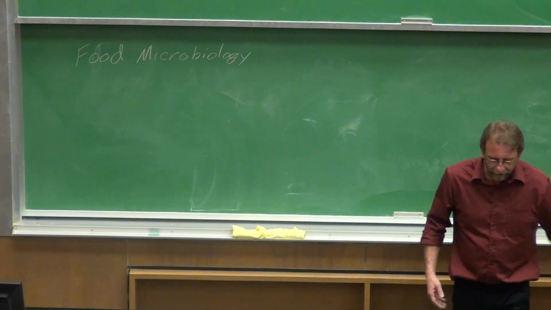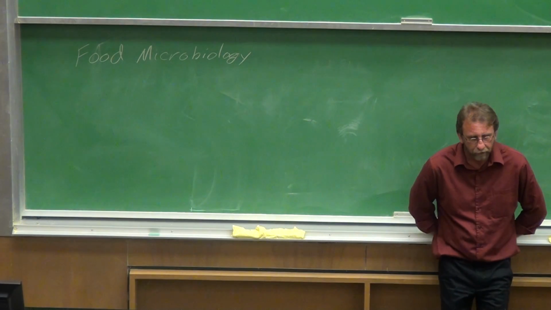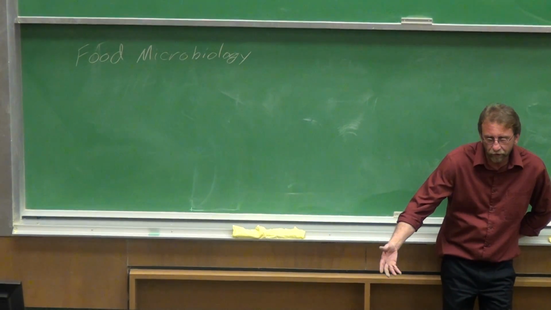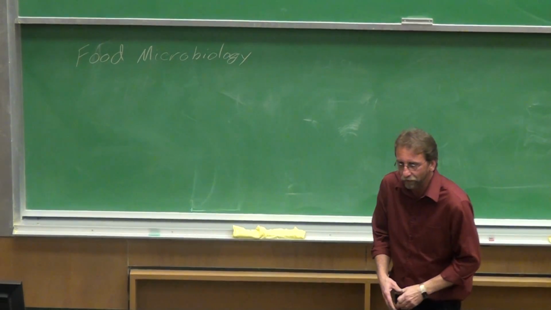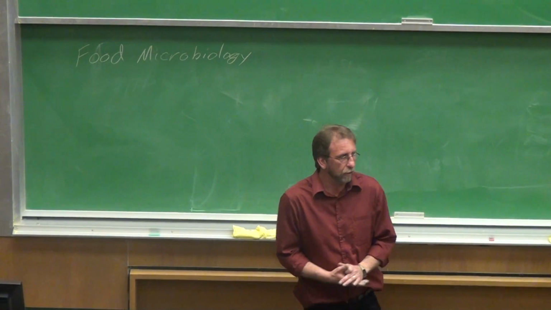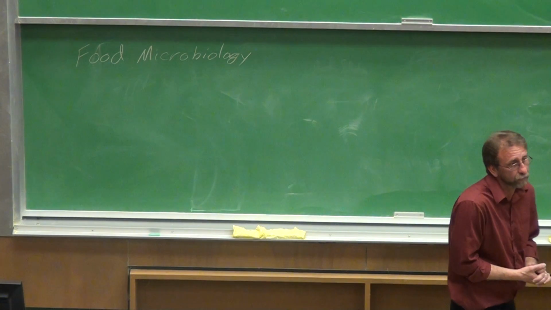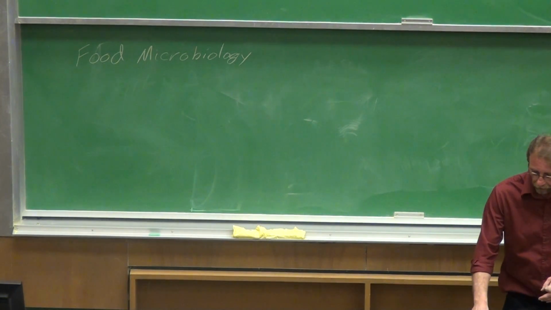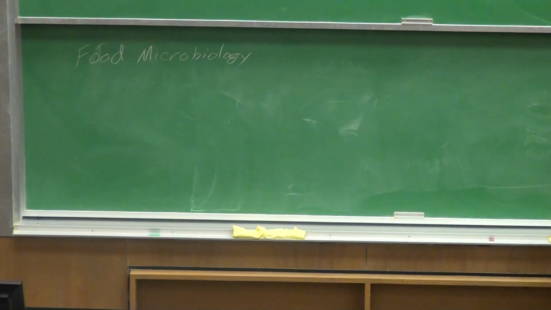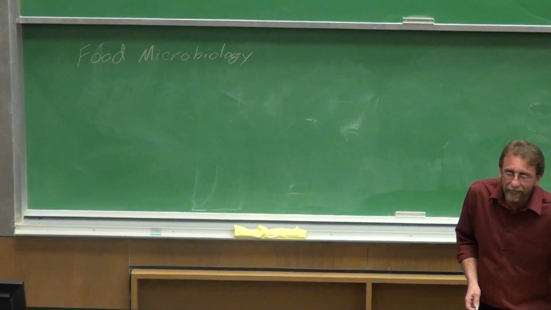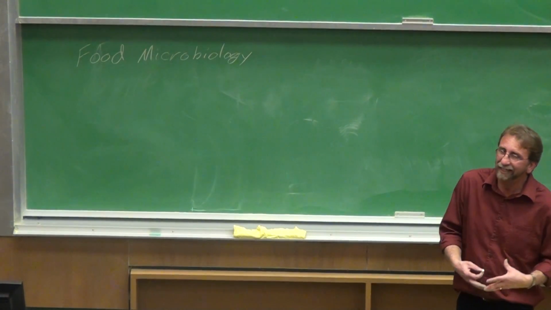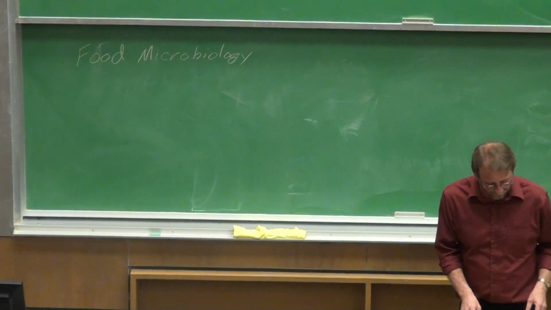You think about how microbes get on food, though. There can be microbes in the soil, but a lot of times the microbes get transferred to the food through the handlers of the food, the harvesting of the food, packaging, storage. All of these can introduce microbes to the food. And then once the microbes are on the food, if the conditions are right, they can grow and they can cause changes to take place.